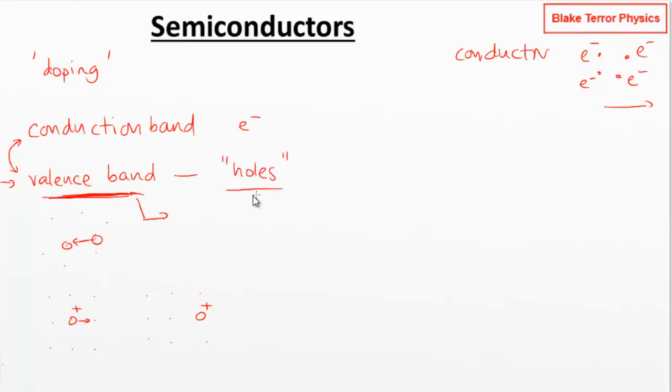So that's how we can describe things here with the movement of holes. So we've got two different ways of describing the movement of charge inside this semiconductor. We've got the movement of electrons in the conduction band, and the movement of holes in the valence band.